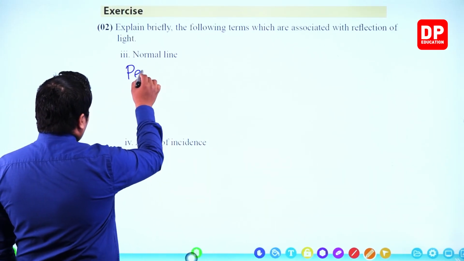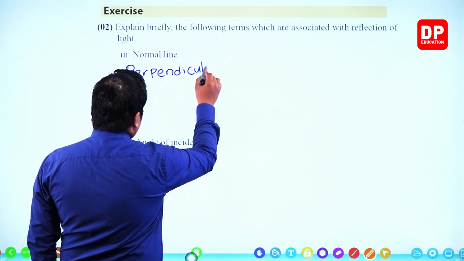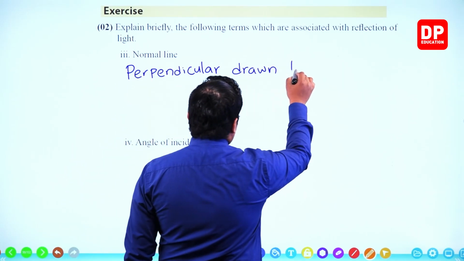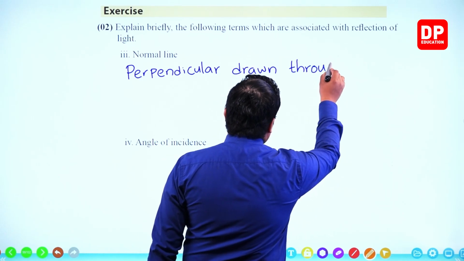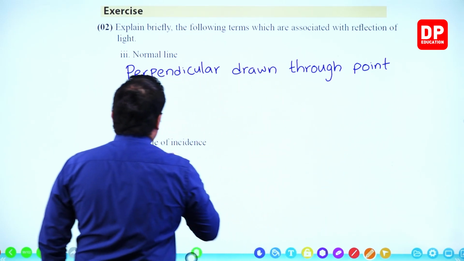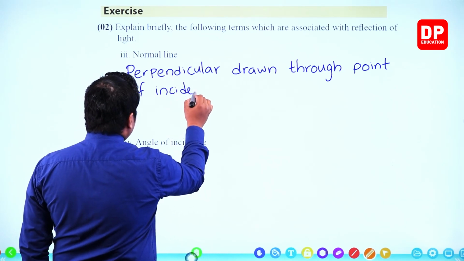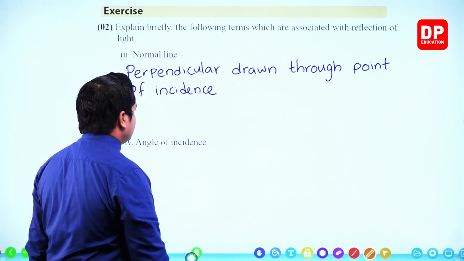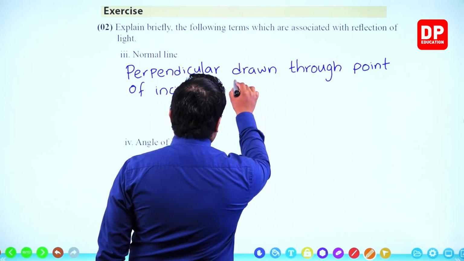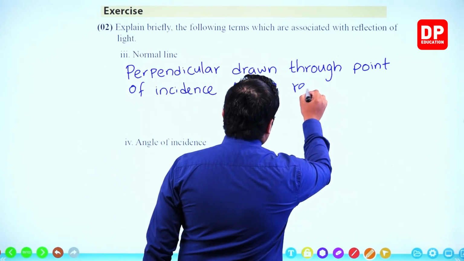So perpendicular drawn through point of incidence to the reflective surface.